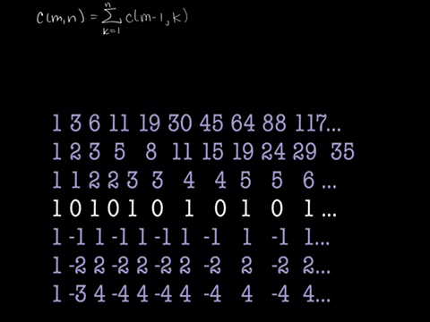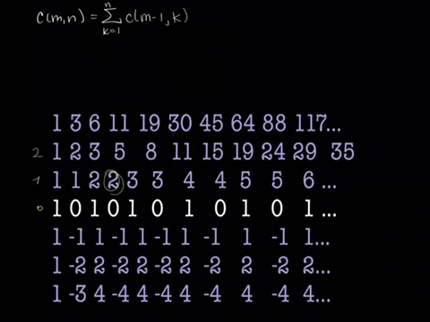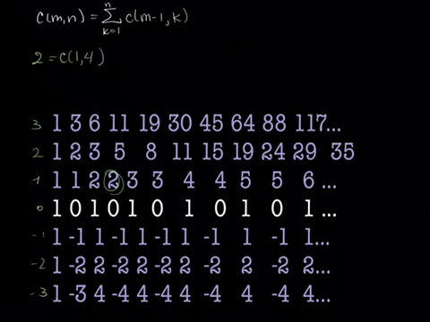So let's do a quick example. Let's look at calculating this one. So remember, this is index 0, this is index 1, this is index 2, 3, minus 1, minus 2, minus 3. So the number 2 is equal to C_{1,4}, and we can get that by this formula.